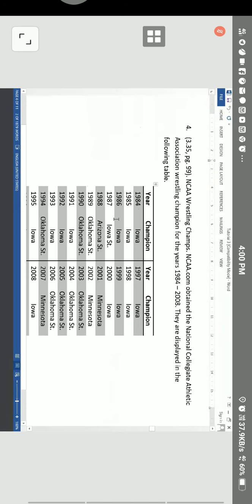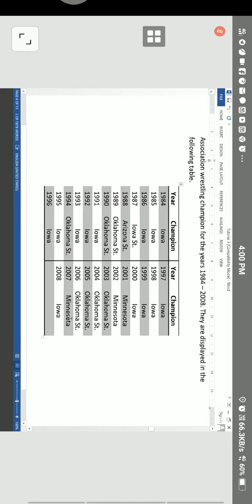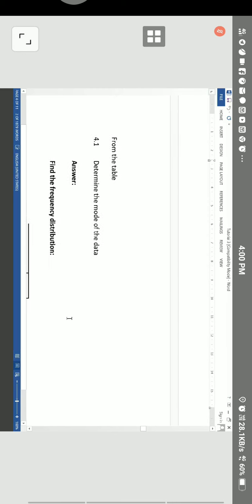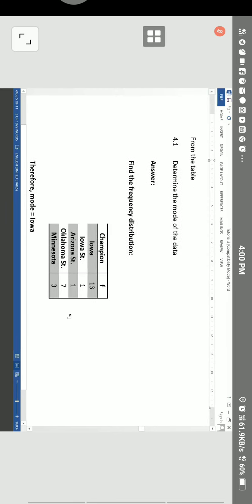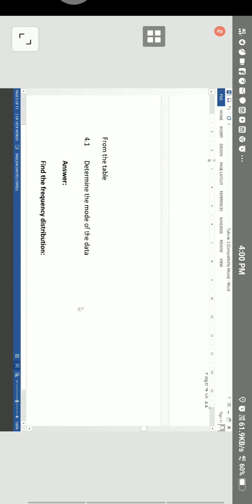From the data, you need to look at the average of the champion by year. So you determine the mode of the data. For the mode of data, you tally. For example, you have Iowa, Arizona, Oklahoma.